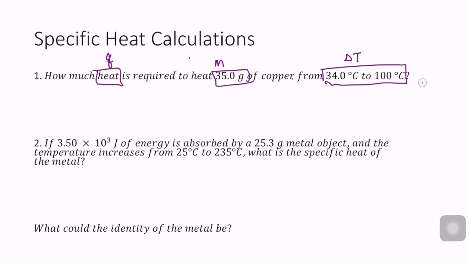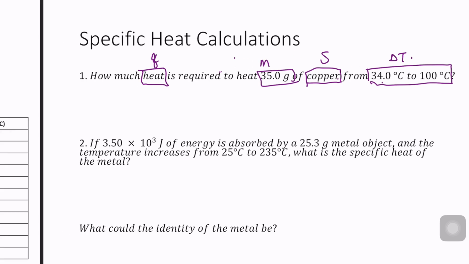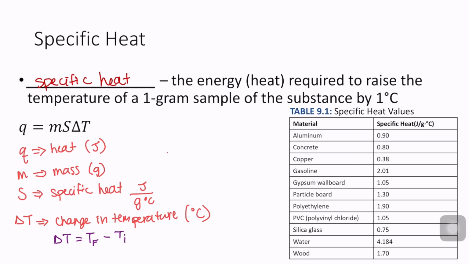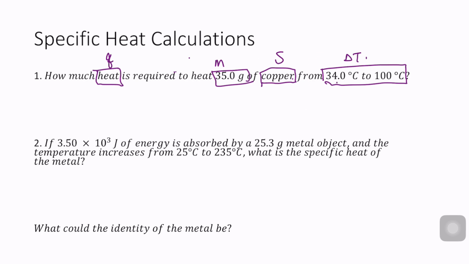Whenever you're calculating specific heat, you're always going to have a change in temperature. And since this gives me the identity of the substance, I can use that to find the specific heat. So I can go back to my table and find copper, and here is the specific heat of copper.